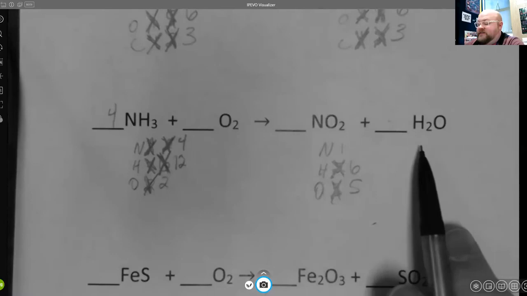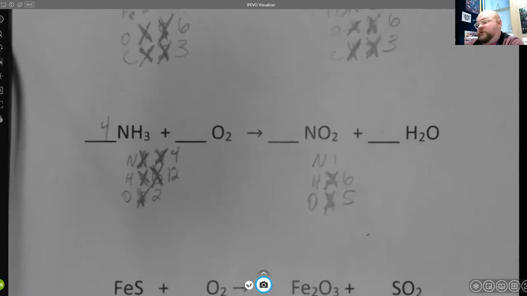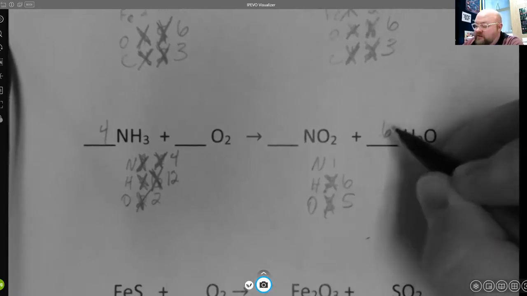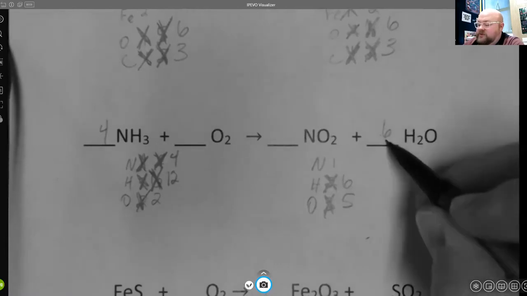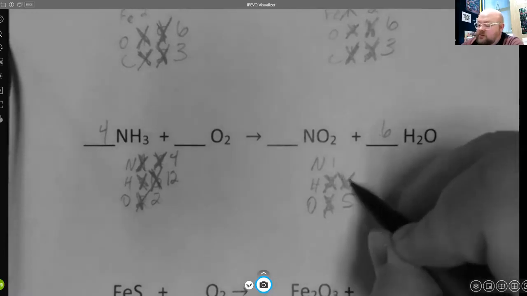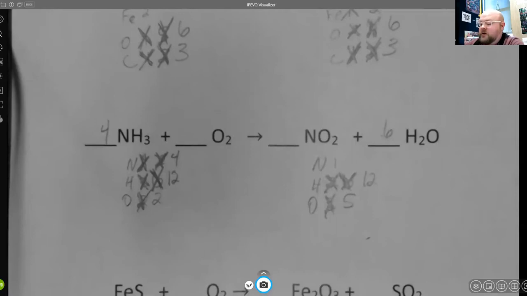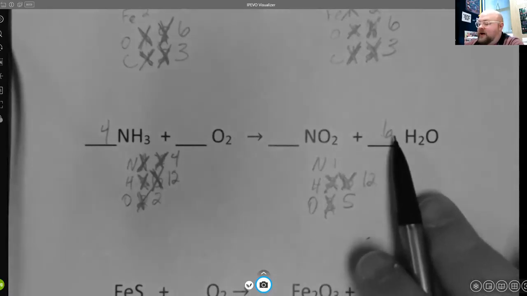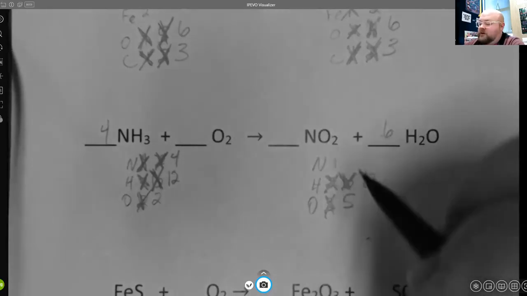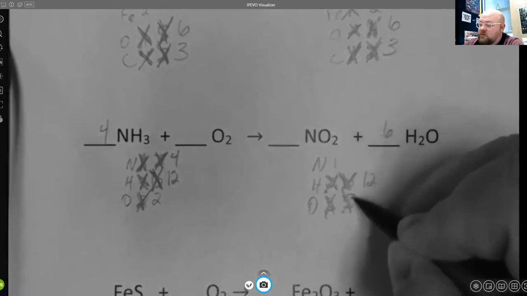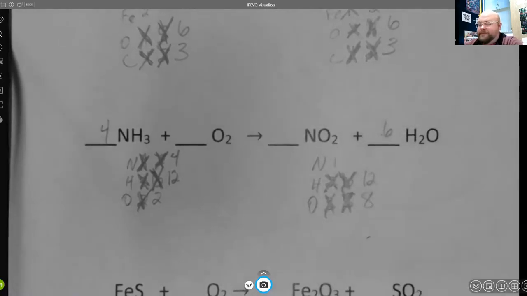Over here, I got to do the same thing. 2 times what gives me 12? Well, in this case, I'm going to put a 6. So 2 times 6 gives me 12 hydrogens. That changes my O's. So right now I have 6, 7, 8 O's. Okay. We can see we're on the right track though, because our hydrogens are equal. So we're on the right track.